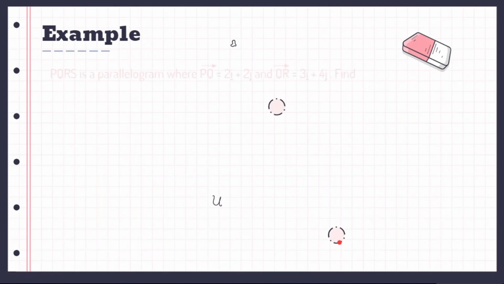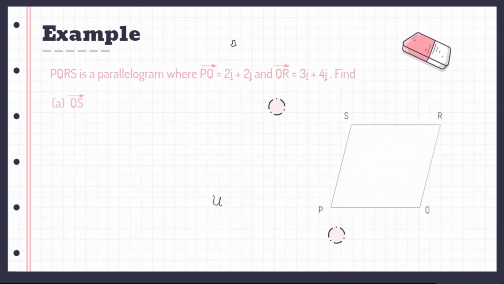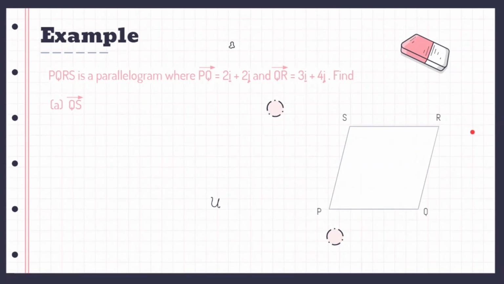Let's look at an example. Given that PQRS is a parallelogram and PQ equals 2i plus 2j and QR equals 3i plus 4j. A parallelogram is a quadrilateral where both pairs of opposite sides are parallel.